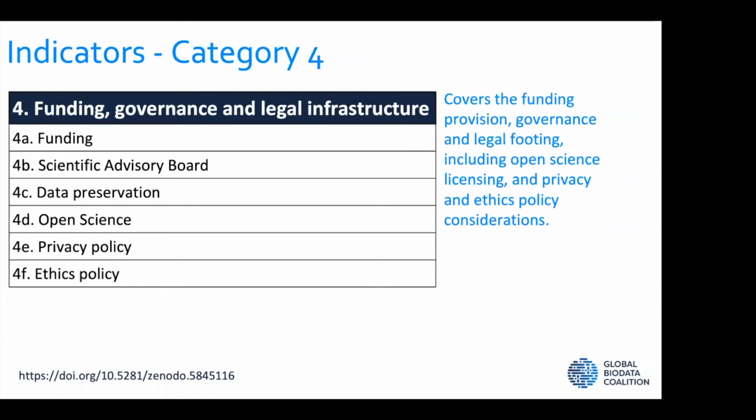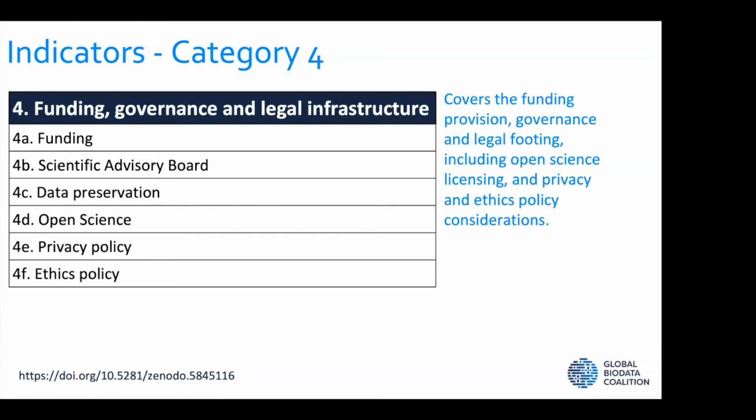Category 4 is funding, governance, and legal structure: funding history and projection, as a measure of the capacity of the data resource to argue for its continued support. The scientific advisory board is important. That's about maturity of governance.